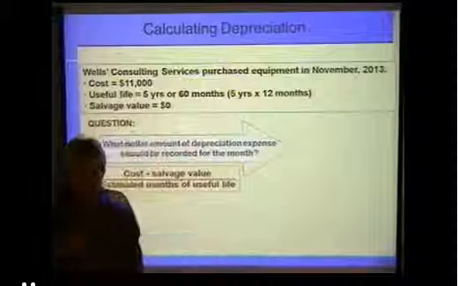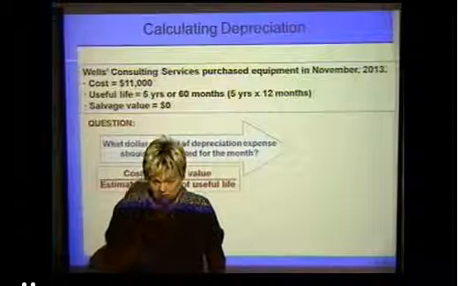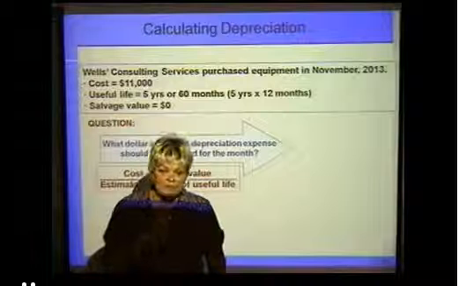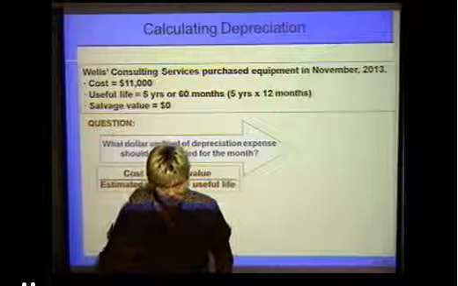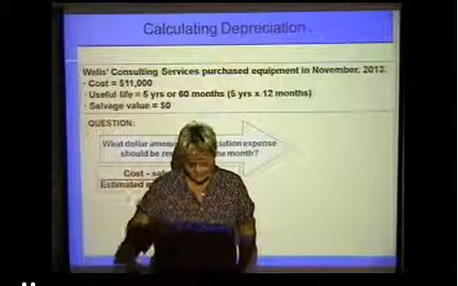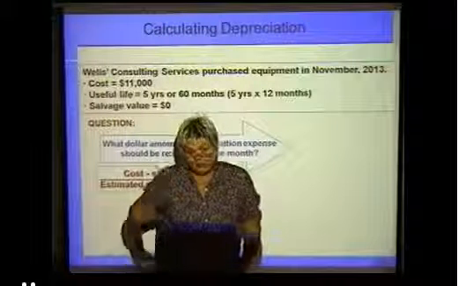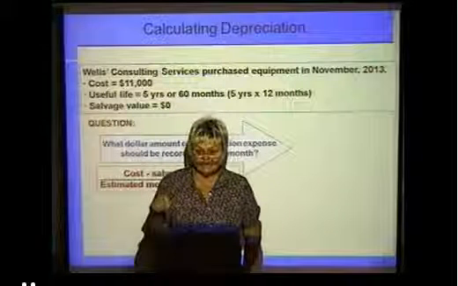It could be figured on how many sheets we ran this month and how much of the value we used, how many miles we put on something, or how many products it produced.